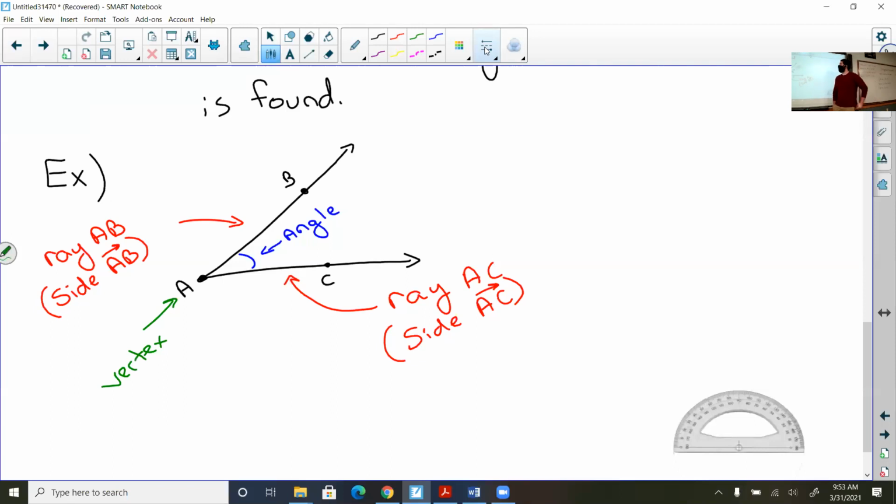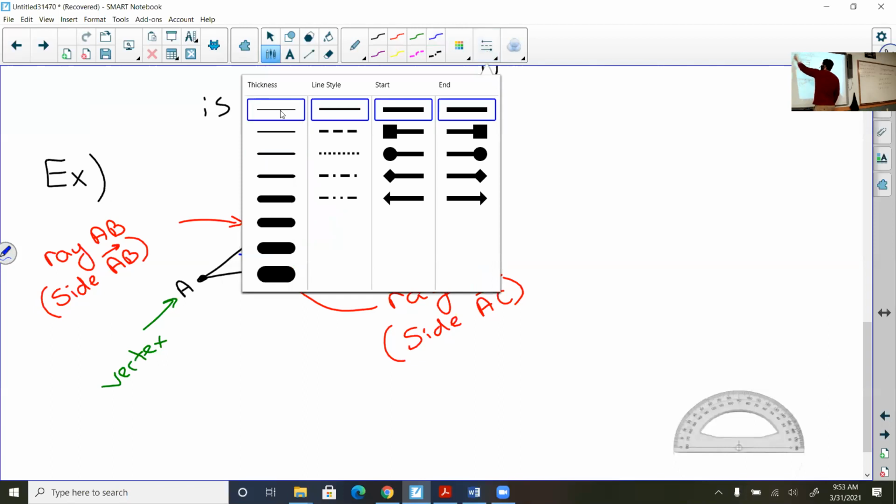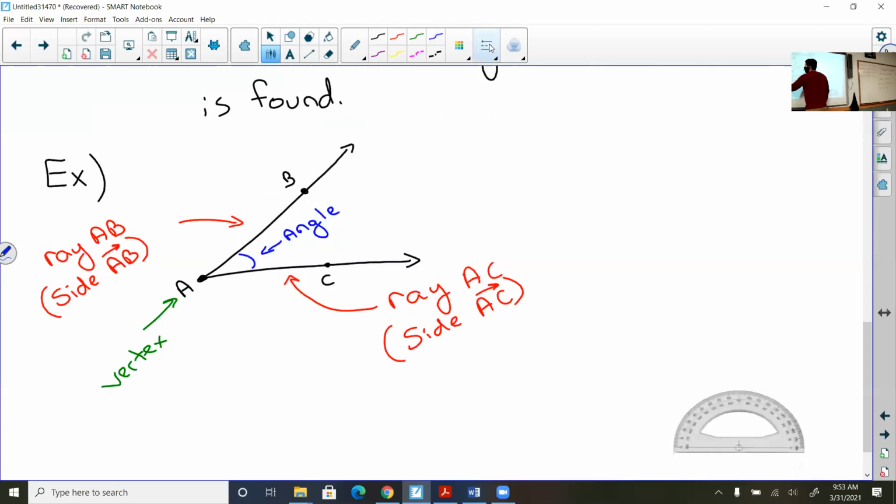And sometimes what happens in geometry is that they begin to label these angles numerically. So I'm just going to label this angle number 1. So this is just our first angle because we only have one angle.